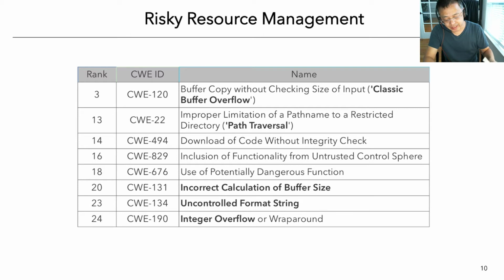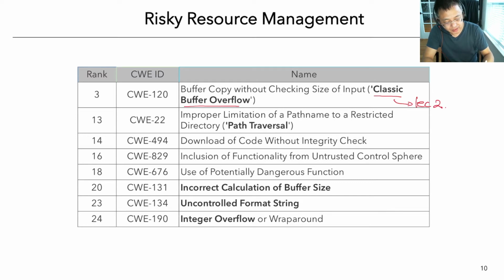So the second category is the risky resource management. So the problem is like classic buffer overflows. We are going to talk about this in lecture 2.